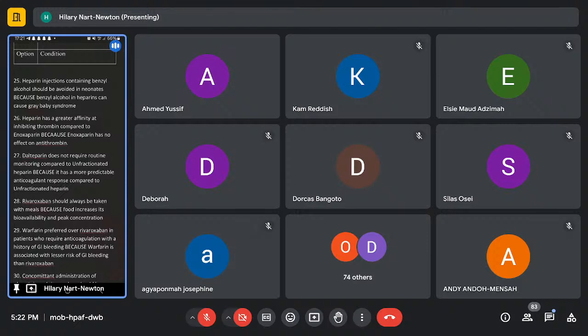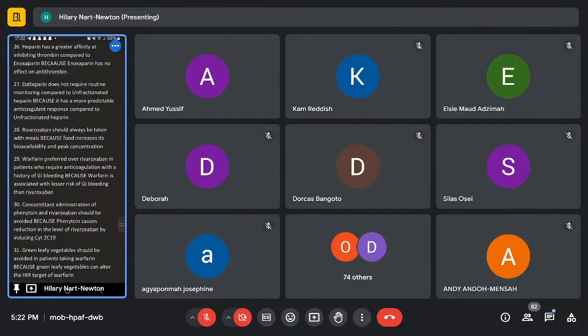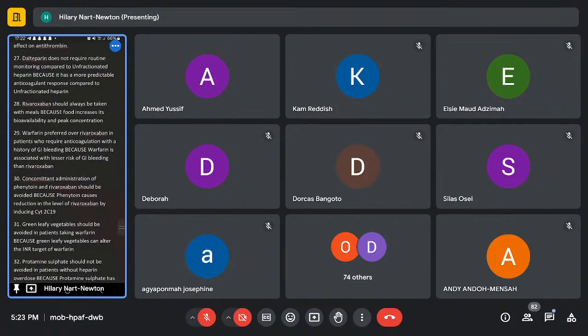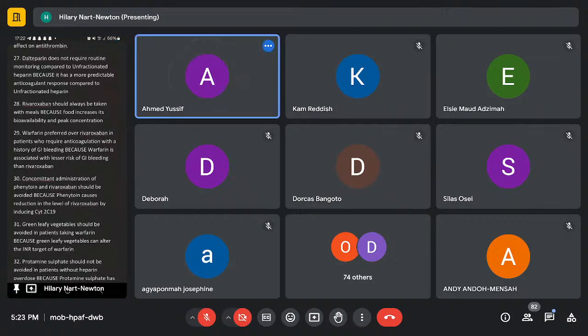29. Warfarin is preferred over rivaroxaban in patients who require anticoagulation with a history of GI bleeding because warfarin is associated with lesser risk of GI bleeding than rivaroxaban. First statement, true or false? False.